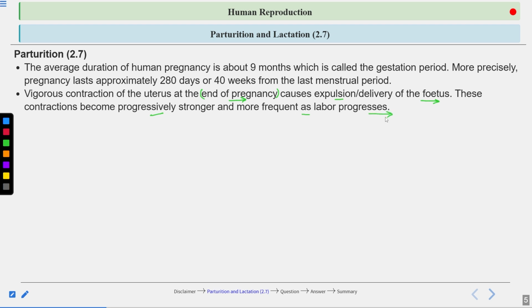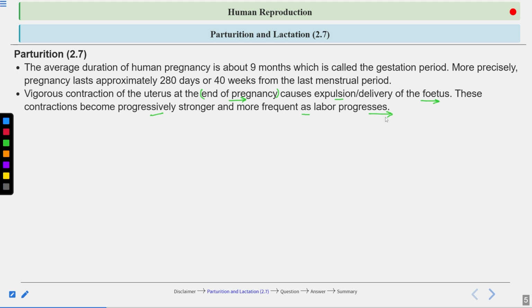The uterine wall is made up of 3 layers. The outermost layer is the perimetrium, which is membranous. Inner to the perimetrium is the myometrium, which is made up of smooth muscles, and the innermost layer is the endometrium.